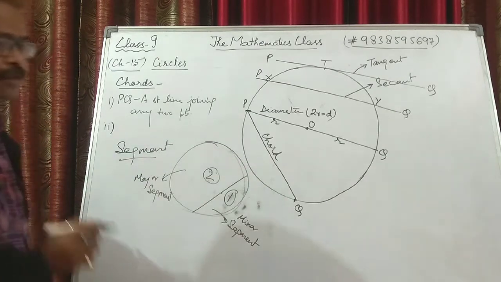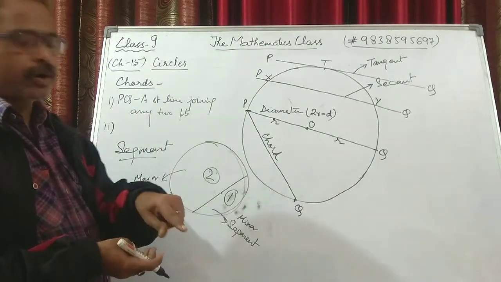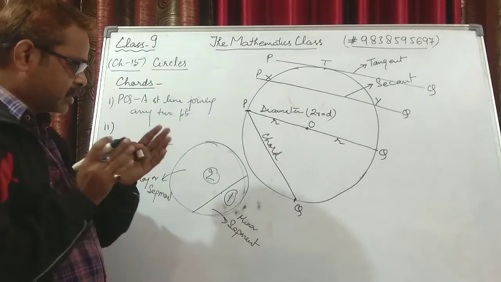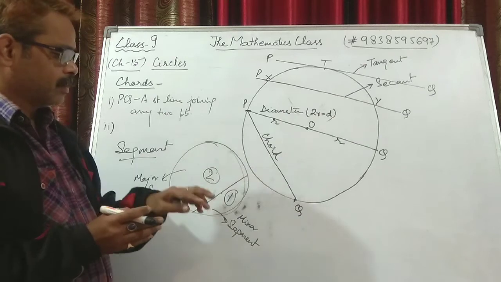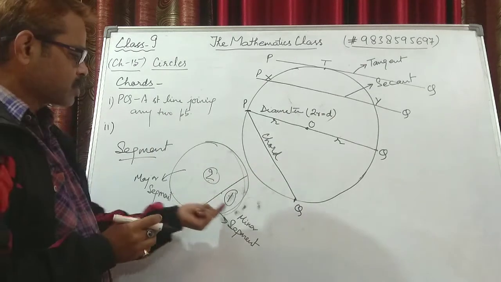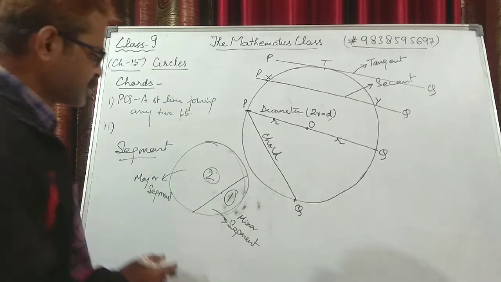What is segment? If a circle is divided into two parts by a chord, those are known as segments. The smaller one is known as minor segment and the bigger one is known as major segment.